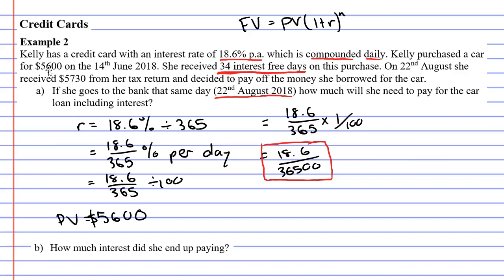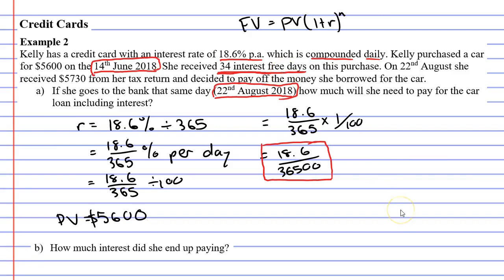So the first thing we need to do now is to figure out exactly how much time has passed, and we have two dates here. We have the date that she purchased the car on the 14th of June and the date that she paid it off on the 22nd of August. So we've got to figure out exactly how many days have gone by in this time.